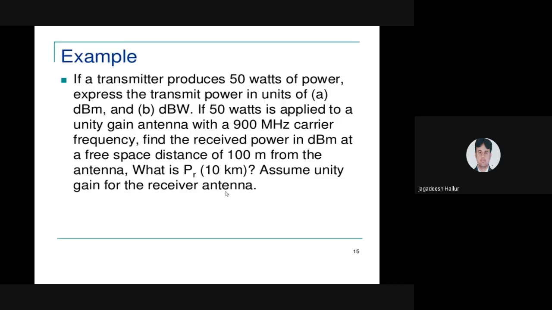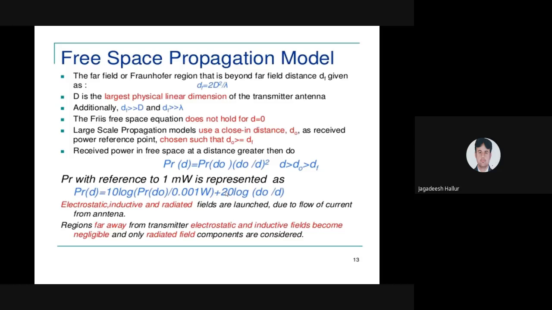What is the formula? Here it is. PR of D is equal to PR of D naught into (D naught divided by D) whole square.